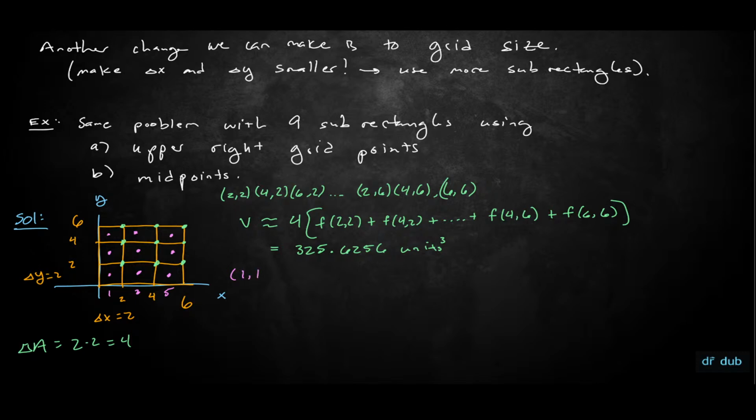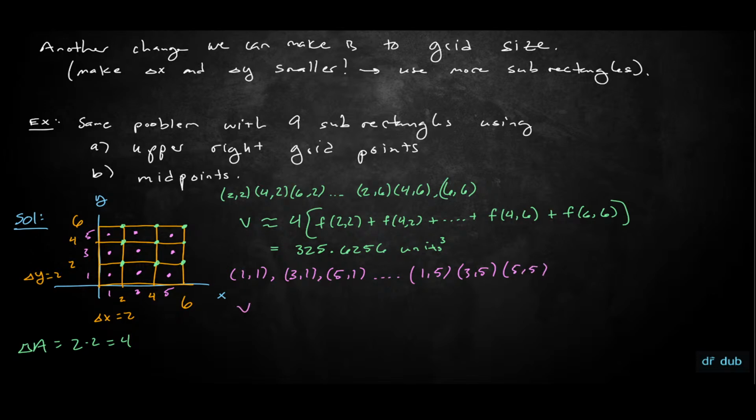So (1, 1) is going to be our first midpoint, and then (3, 1), and then (5, 1). And then at the top, eventually we're going to get to (1, 5), (3, 5), and (5, 5). And those are all of our midpoints.